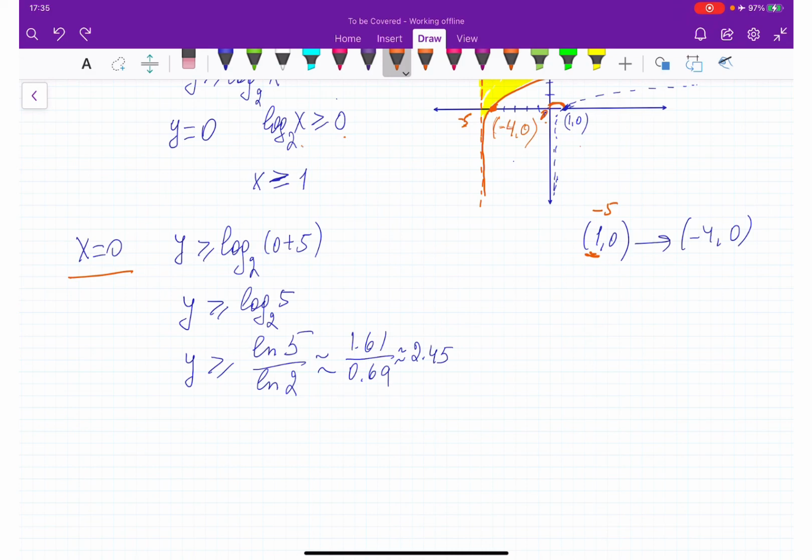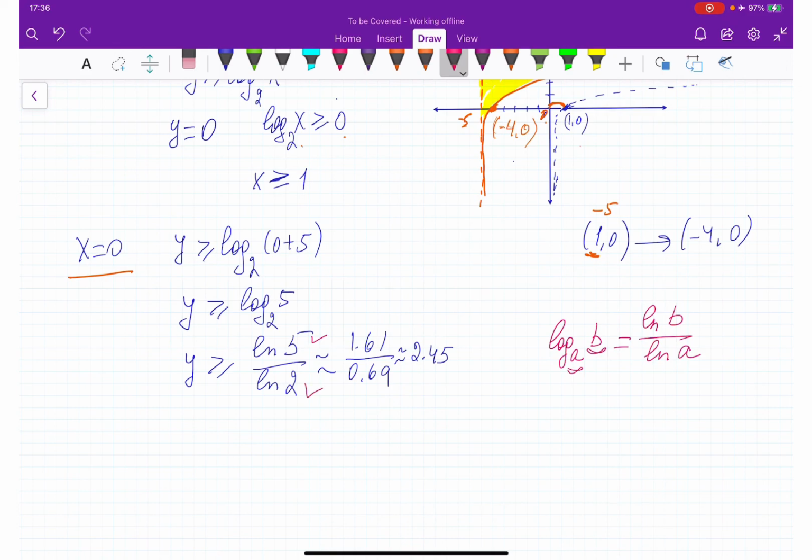How do we change base? Let me refresh your memory real quick. Logarithm of a by base b, if I want to change to natural logarithm, I take the natural logarithm of a divided by the natural logarithm of b. Same thing here, natural logarithm of 5 divided by natural logarithm of 2.